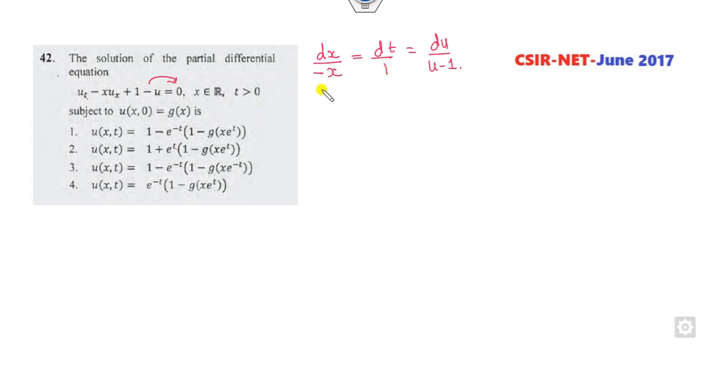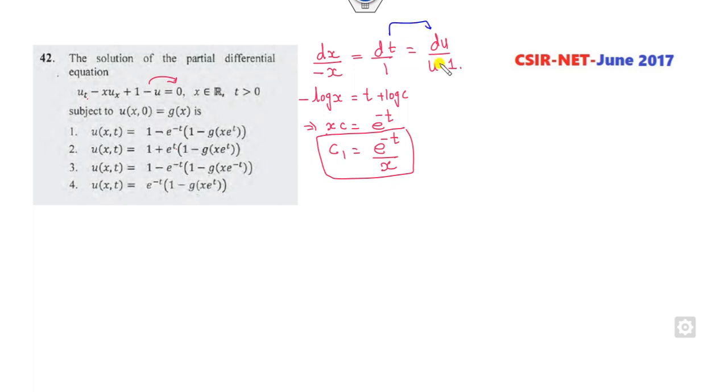So from the first two cases, you can see it is a log of x is t plus log of c, for example. So I can take as a common. So x is x over c, or you can say xc is e raised to power minus t. So c1 will be my e raised to power t over x. This is the first constant.